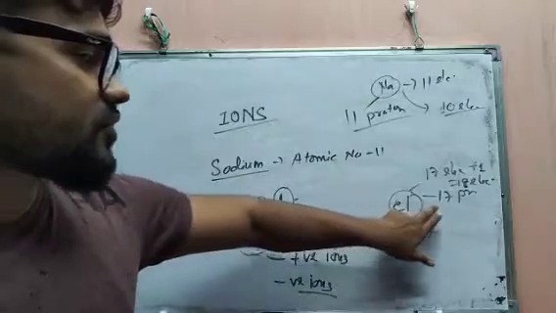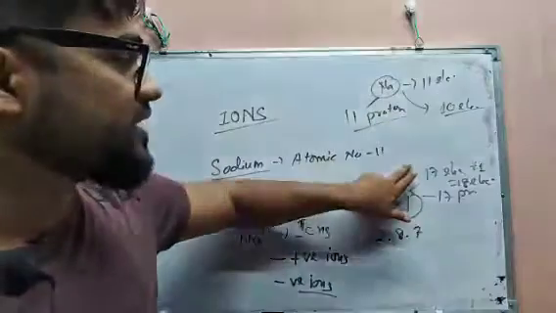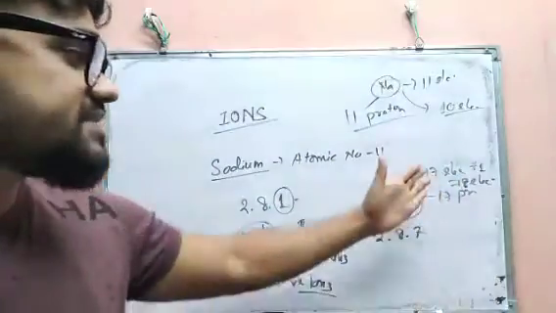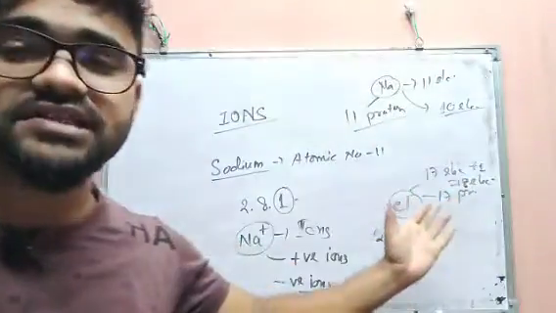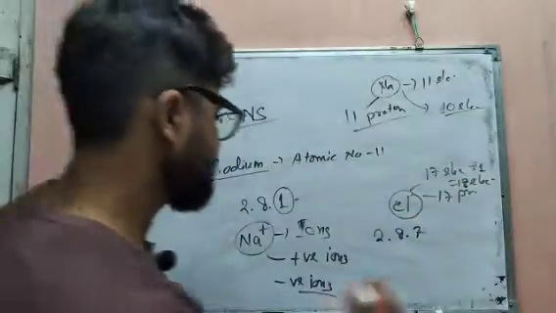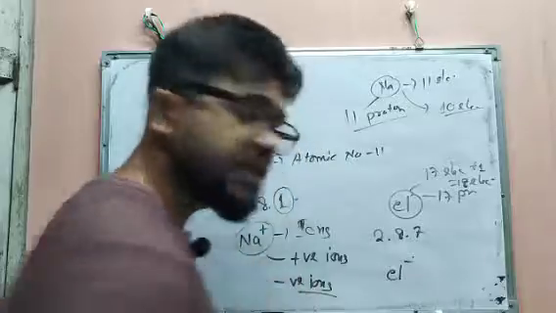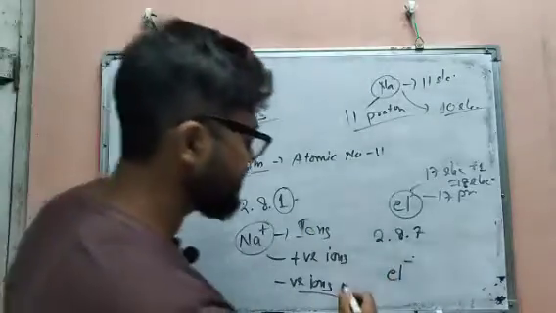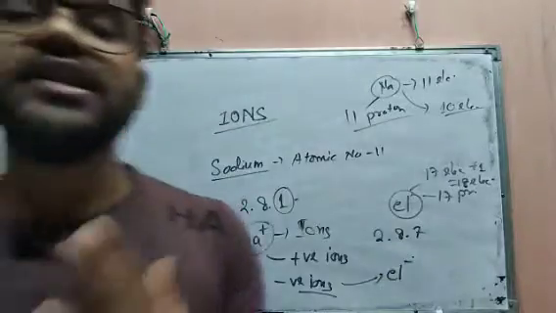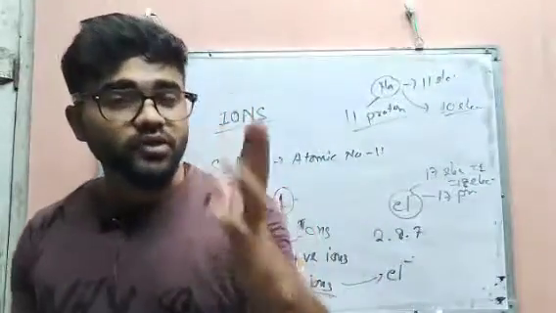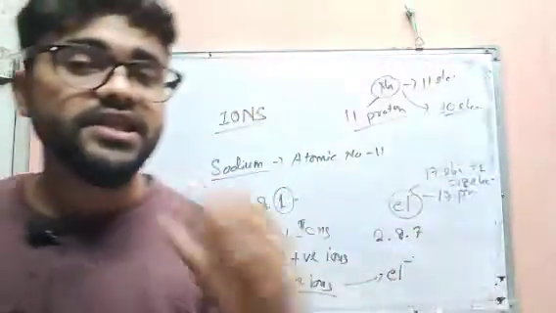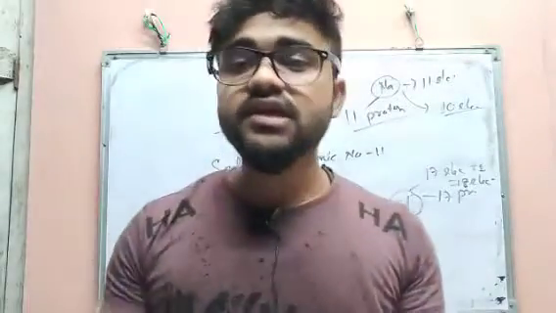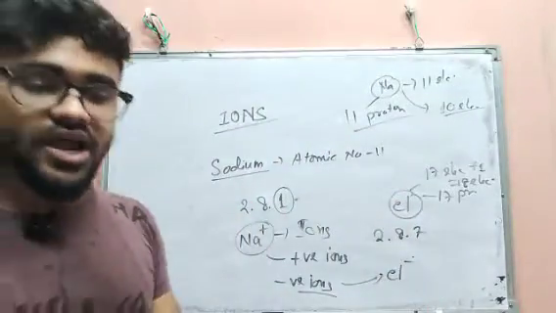The number of protons is 17 and the number of electrons is 18. That means the negative charge is more, so it becomes chlorine negative, which is a negative ion. So in a positive ion the number of protons is more, and in a negative ion the number of electrons is more. This is about ions.